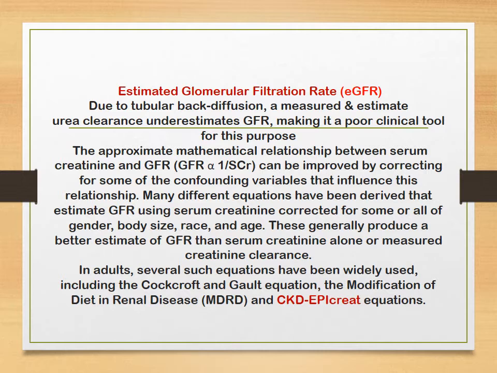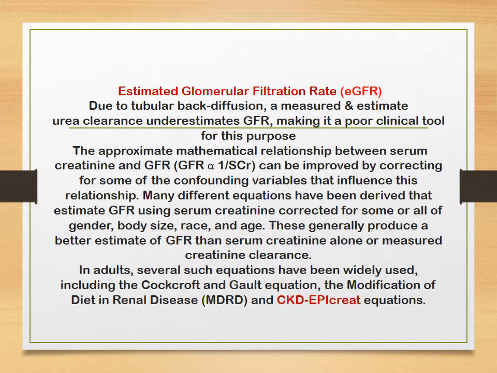Firstly, urea, as mentioned, is a poor indicator of both measured and estimated GFR due to what? Due to the high percentage of retaining or reabsorption of it proximally after filtration.